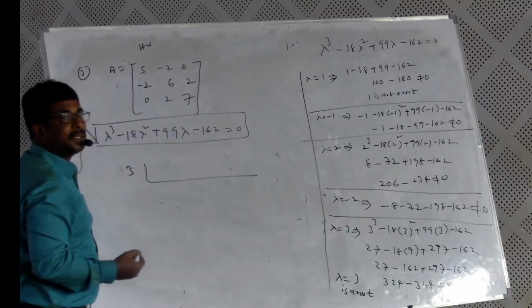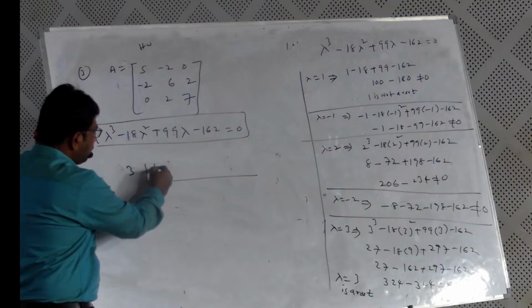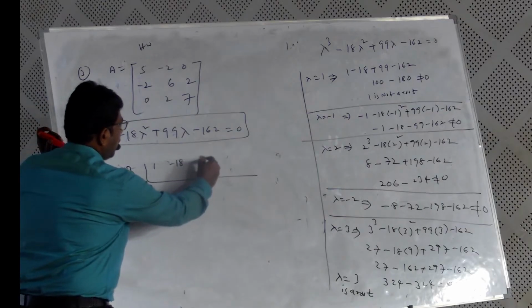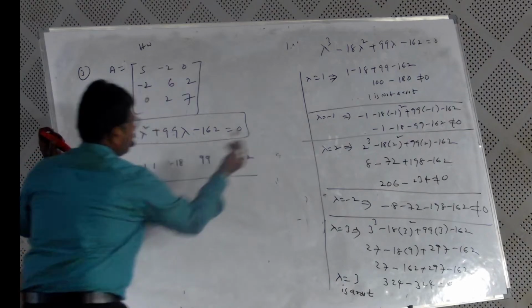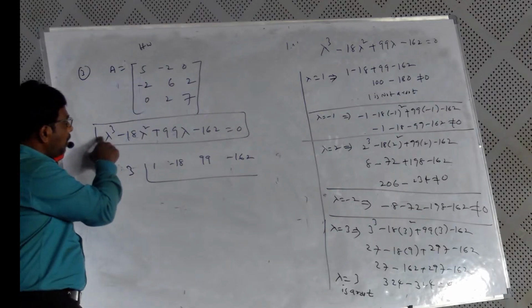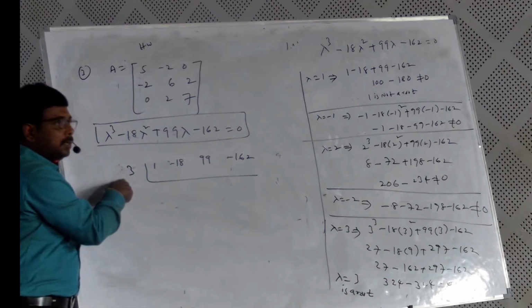Synthetic division method. What is the lambda cube coefficient, lambda square coefficient, next lambda coefficient? Once again, the coefficients in sequence are 1, -18, 99, and the starting root is 3.